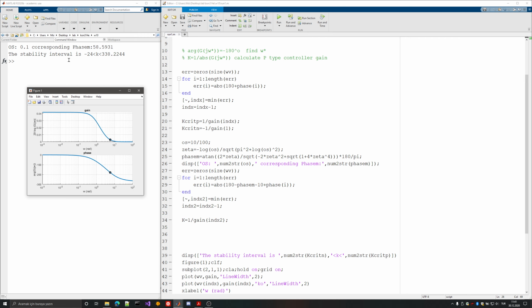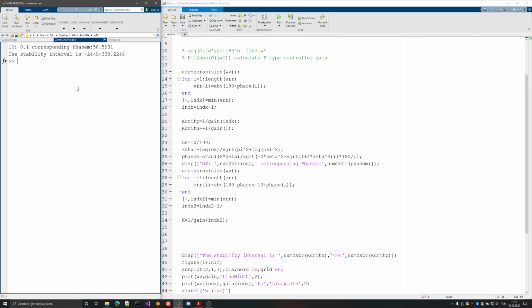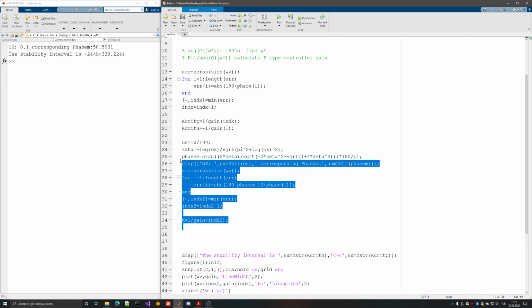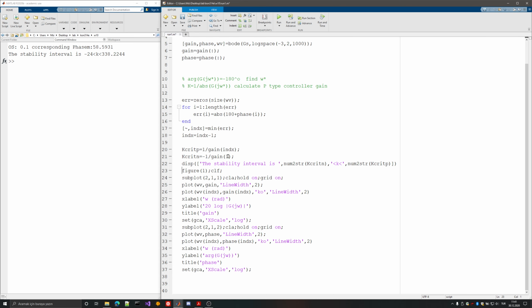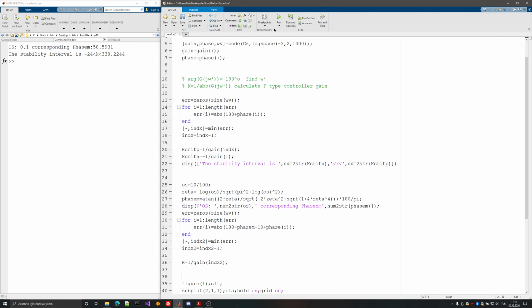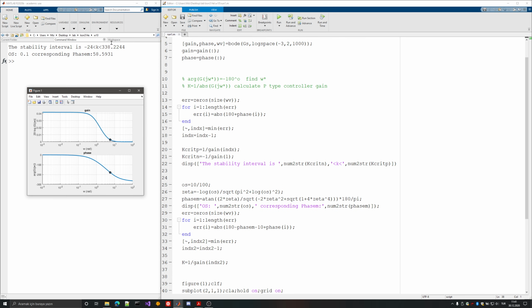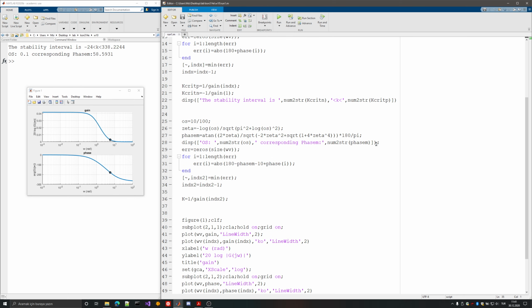Now if I run this, I can see, oh, so that's better. Now the stability interval is this. The 10% overshoot corresponds to phase margin 58.6 approximately, and I can also display the gain that I have.